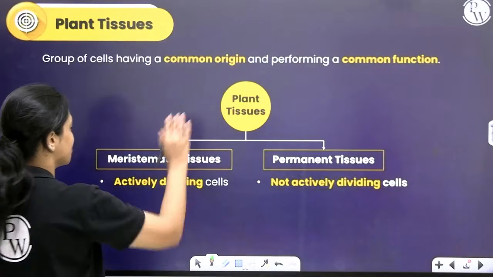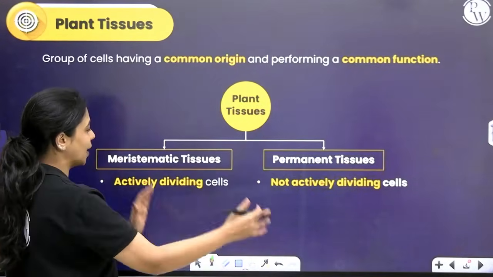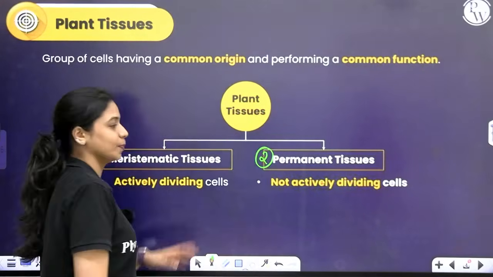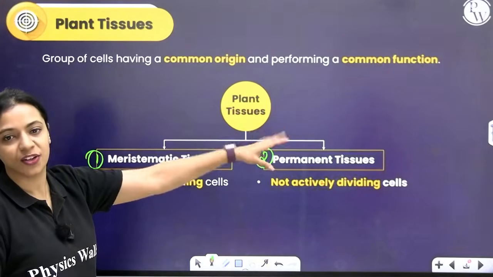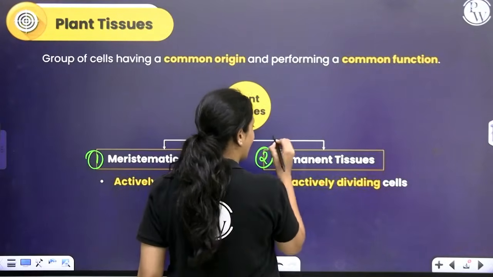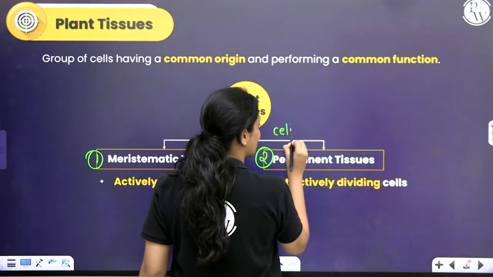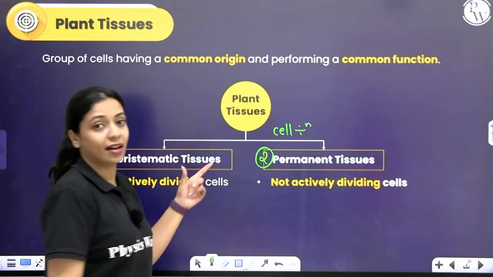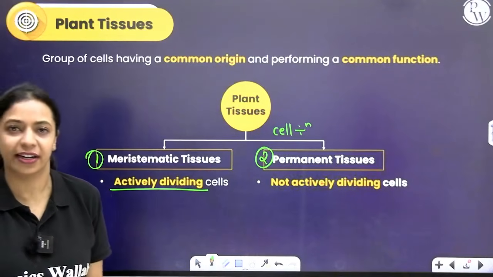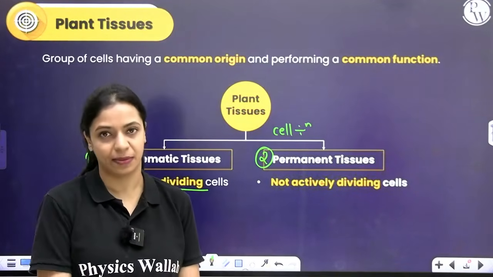Okay, so plant tissues are broadly categorized into 2 types, meristematic being the first type and permanent tissues the second type. What is the basis for this classification? The basis is whether they are capable of cell division or not. If the tissue contains actively dividing cells, then we call it meristematic tissue.